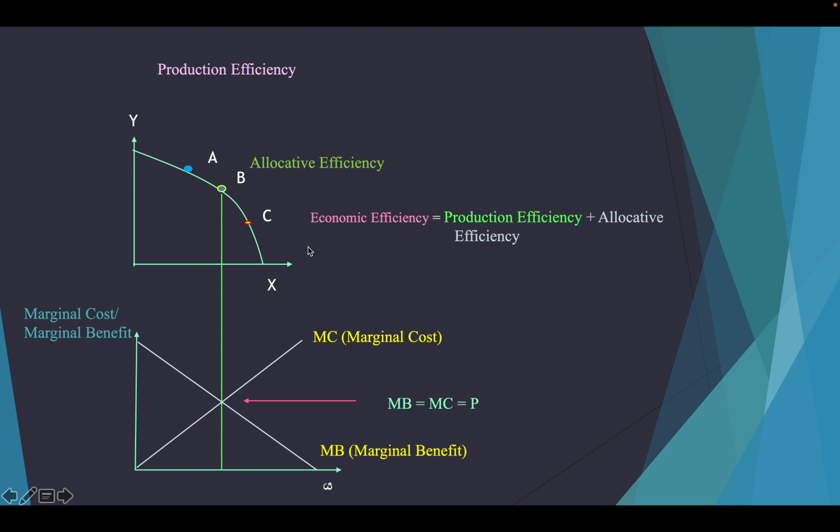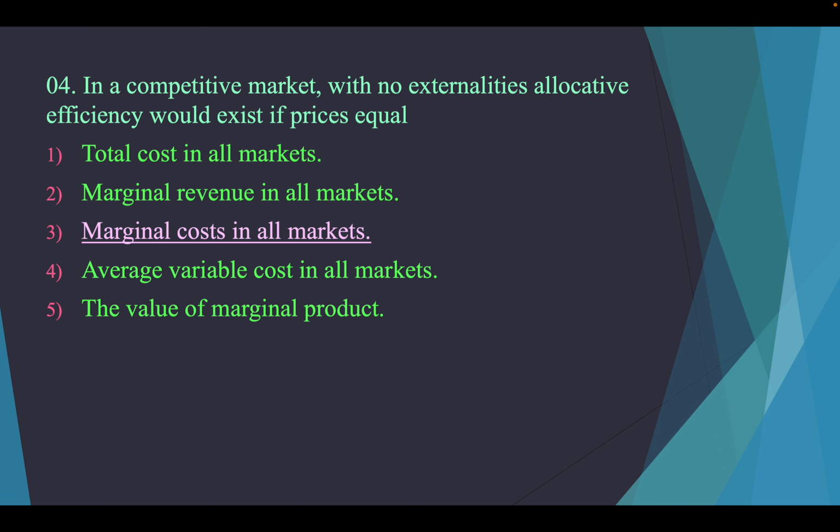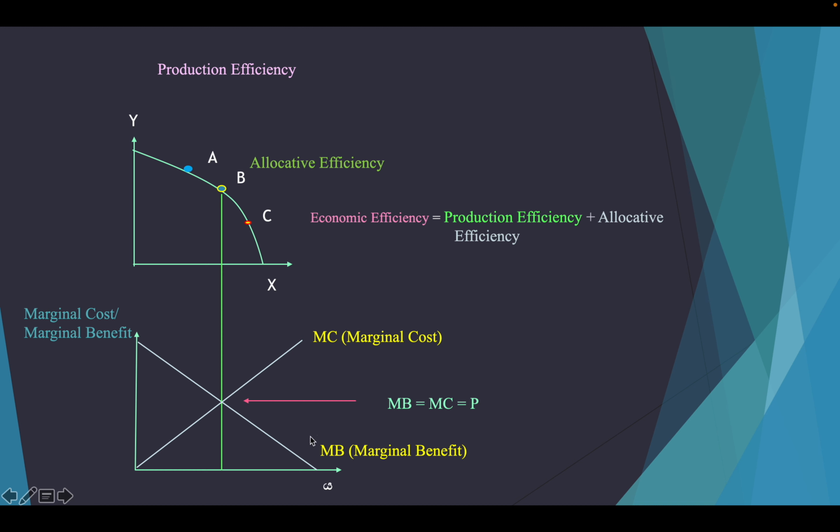Other points we cannot take, because at other points the marginal benefit may be greater than the marginal cost, or the marginal cost greater than the marginal benefit. Both productive efficiency and allocative efficiency together we call economic efficiency. The answer is marginal cost in all markets, that means price equals marginal cost. In allocative efficiency, MB equals MC equals P.